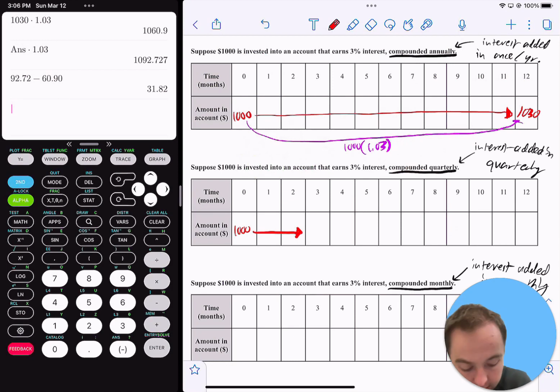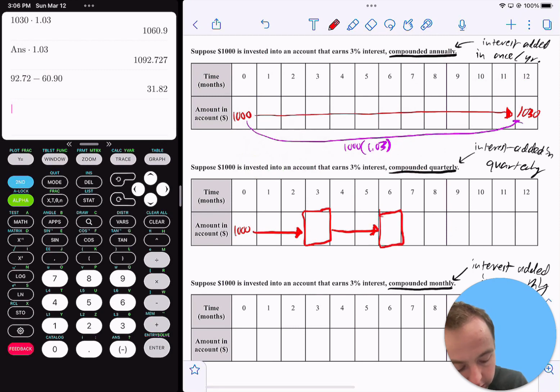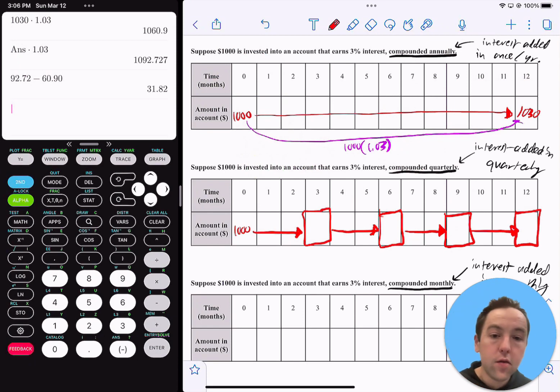But then right there in the third month, it's going to change to a new balance. It's going to stay that way for 3 months, and then change to a new balance, stay that way for 3 months, change to a new balance, stay that way for 3 months, and change to a new balance, right? So you can see it's going to add interest 4 different times during the year.